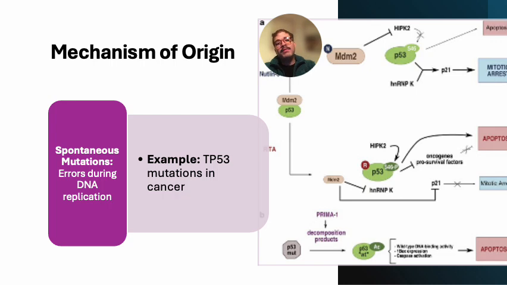Without the function of the p53 protein, the cell cycle checkpoints, G1, S, and G2/M, are compromised, and damaged, abnormal cells bypass these checkpoints and proliferate uncontrollably. These mutations are causing uncontrollable cell growth, therapy resistance, and so on.